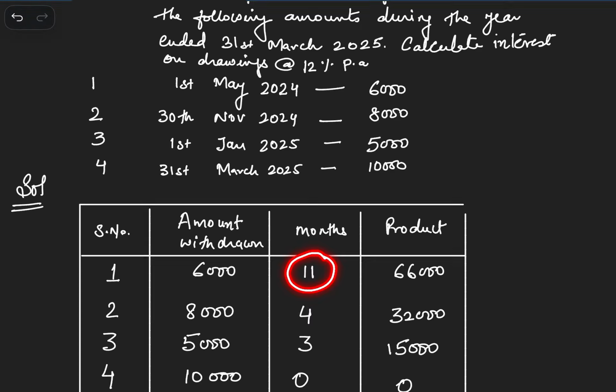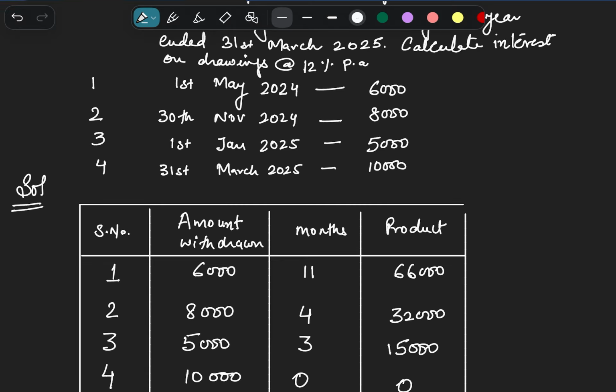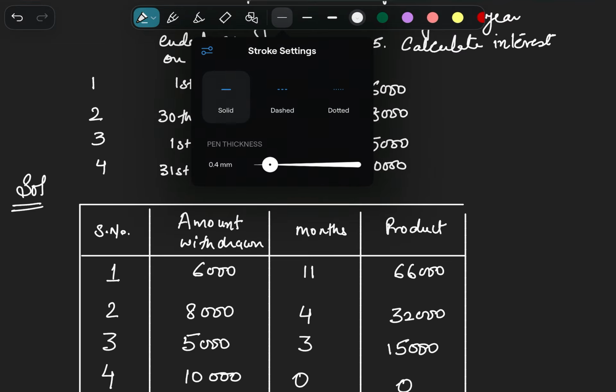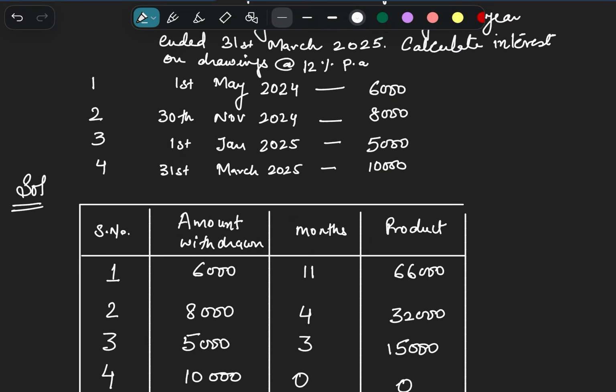Now to calculate the months, please see how we are calculating. We have to take up the months May, June, July, August, September, October, November, December, Jan, Feb, March.